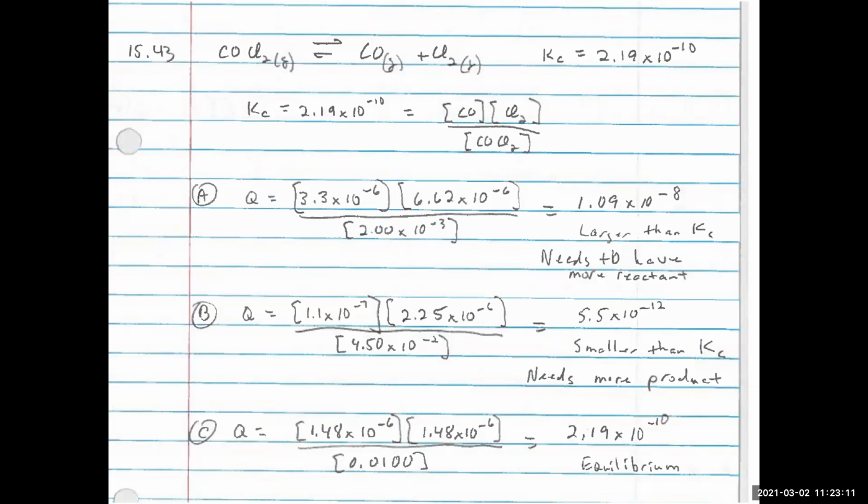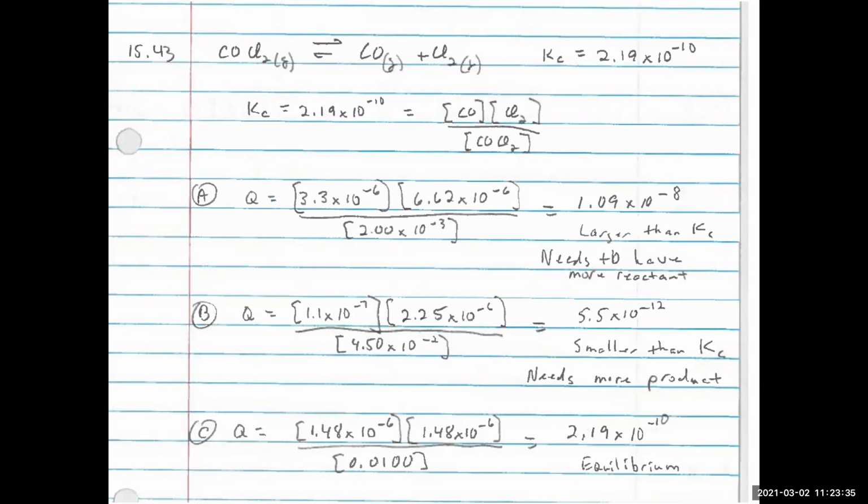So it allows us to see what a kind of pseudo equilibrium constant value, the Q value, is, given those concentrations. And then we can compare that to what the real equilibrium constant value is. And based on that comparison, it tells us which way the reaction is going to go.